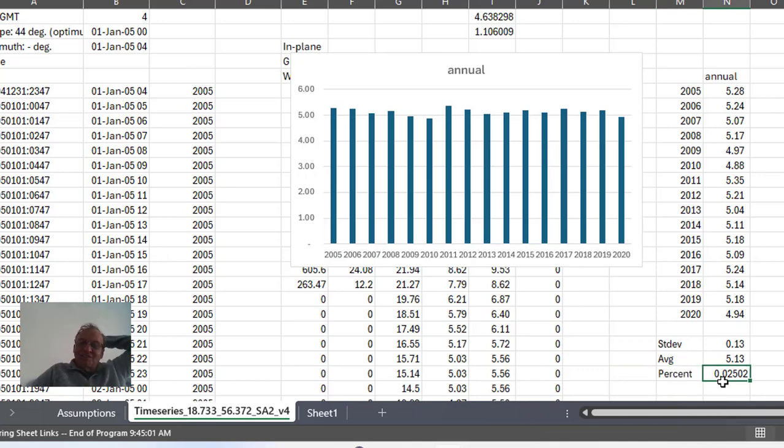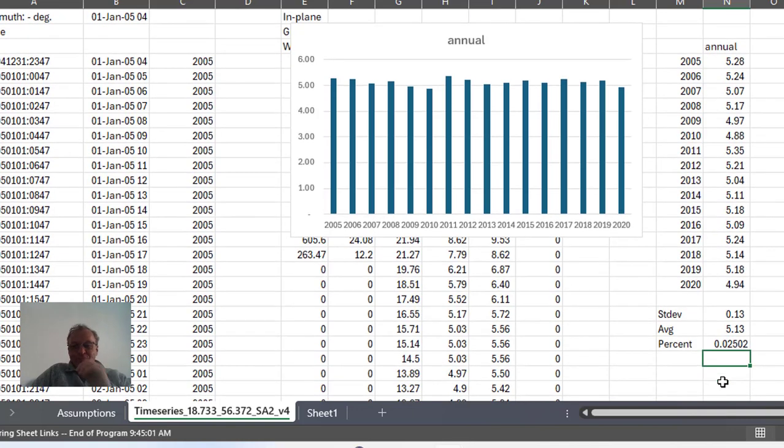But then we're going to have to convert this to energy, and then if we just did a P90 on this, we would say equal norm inverse, remember?